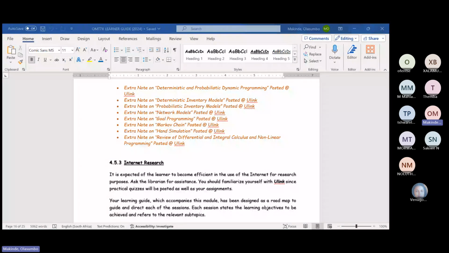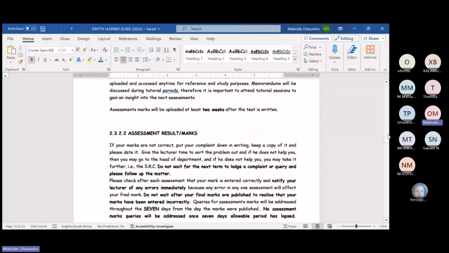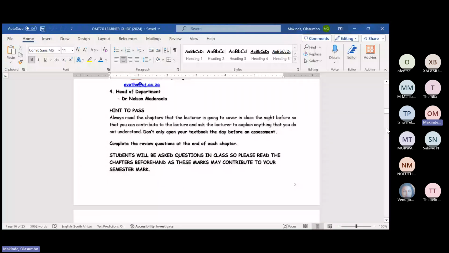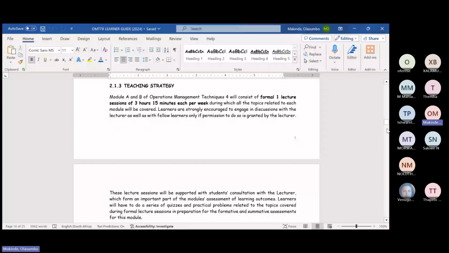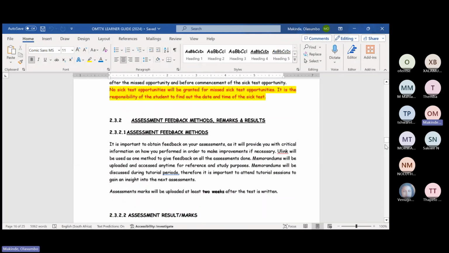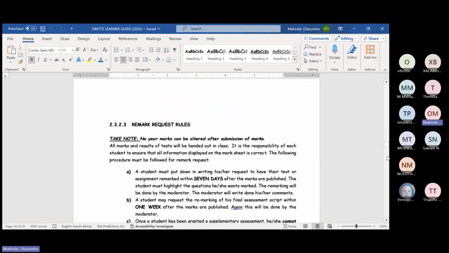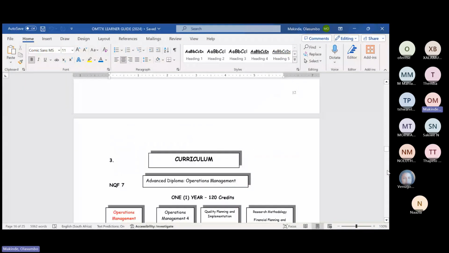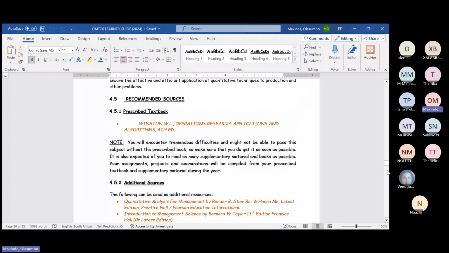And let me quickly highlight this, lest I forget. Our first test is coming up around, let me just quickly show you on the learner guide. Tentatively for now, our first test, because these are just tentative dates, but we'll confirm it when we get closer to that date, depending on the availability of venues and some other logistical issues that we need to sort out in the department.